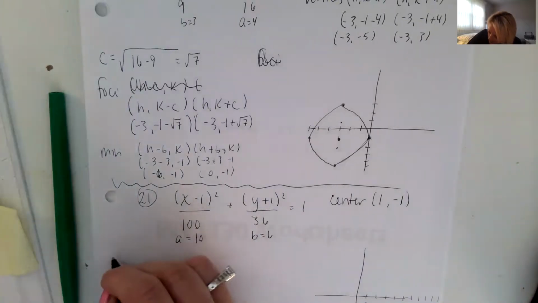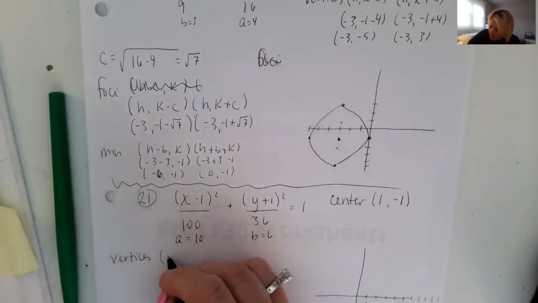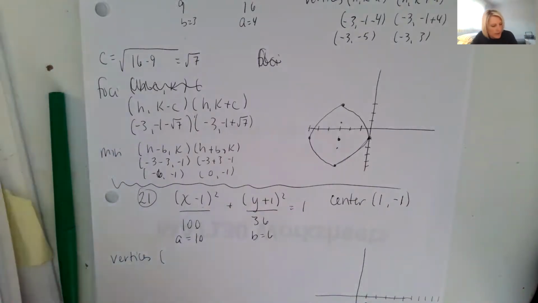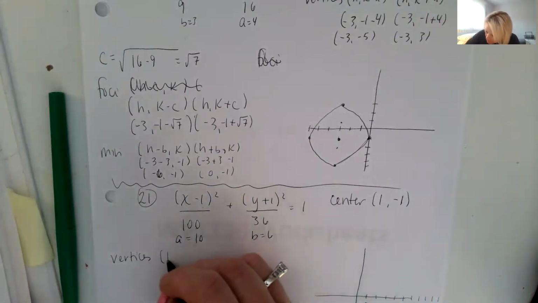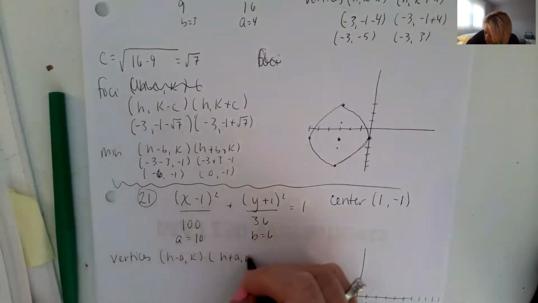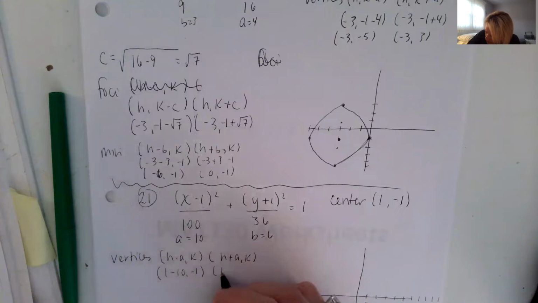Okay. So our vertices are going to be at h plus a, comma k, and h minus a. So going back to your 756, it's going to be h minus a, comma k, and h plus a, comma k. So we have 1 minus 10, comma negative 1, and 1 plus 10, comma negative 1.